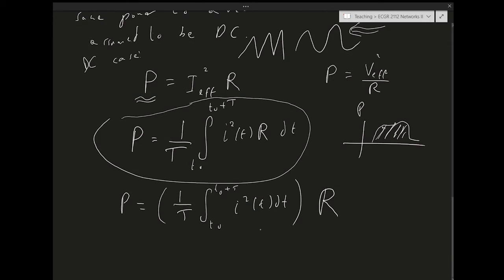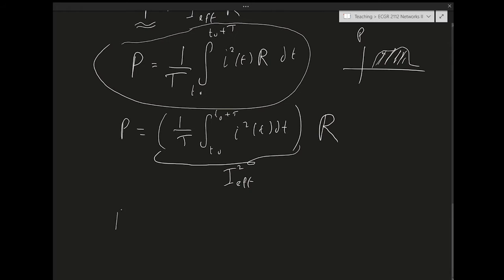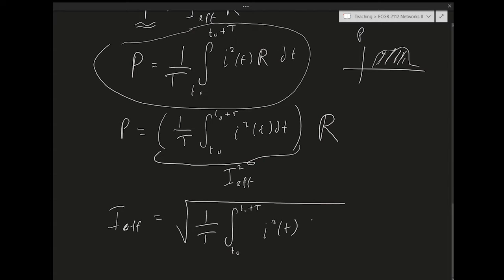So that means this whole thing now is I effective squared. So the effective value I effective is the square root of 1 over T, 1 over the period, integral from T0 to T0 plus T of i squared of t dt.